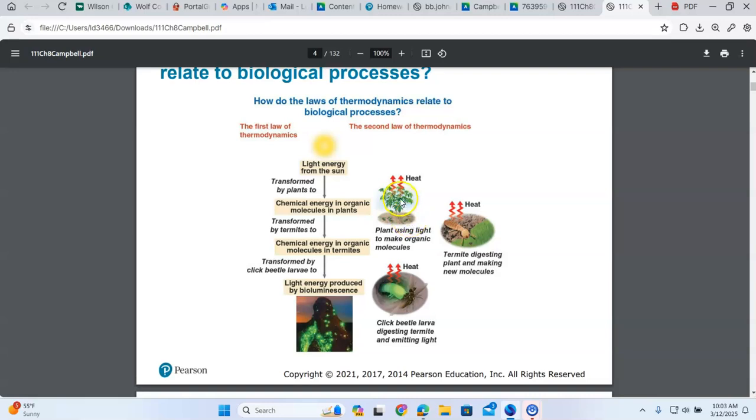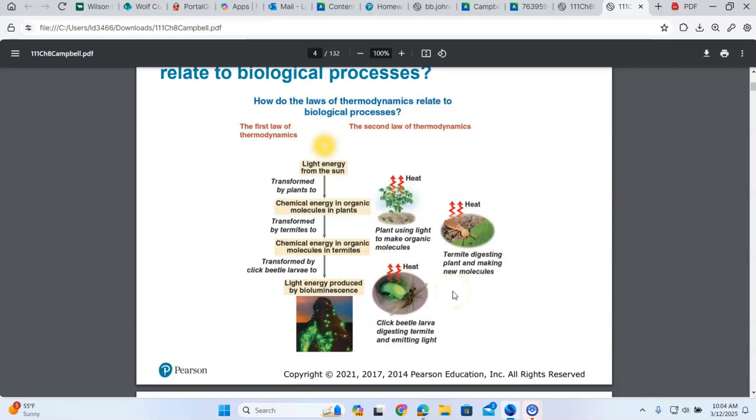The energy not used by the plant from the sun is released as heat. The energy not used by the termite when it digests the food in the wood is released as heat. So every one of these energy transformations increases the disorder, or the entropy, of the universe.